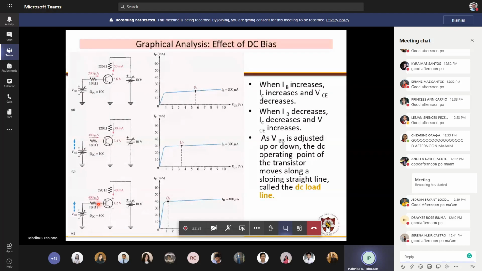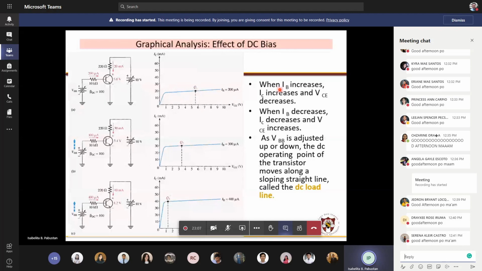So assuming that you are asked to vary this so that you can come up with the 200 microamperes and the 300 microamperes and the 400 microamperes, you will notice that your IC increases and your VCE decreases. Take a look here na. Nung ang IB natin ay 200 microamperes sa ganitong setup na, ang IC natin is this.